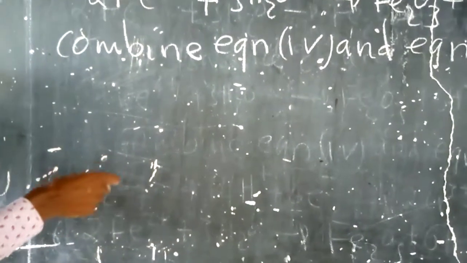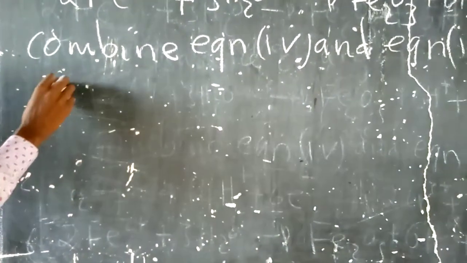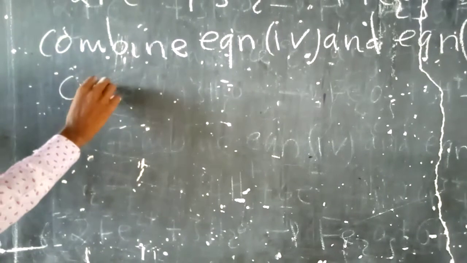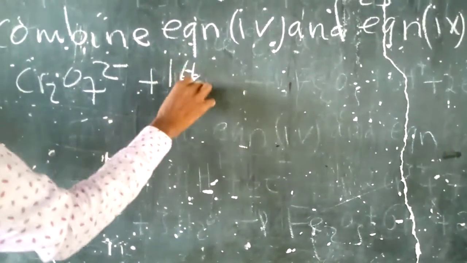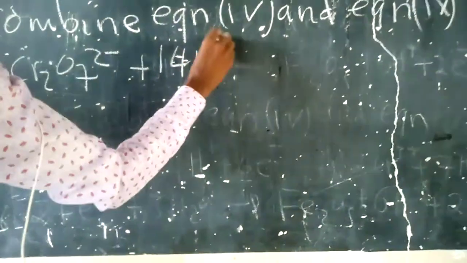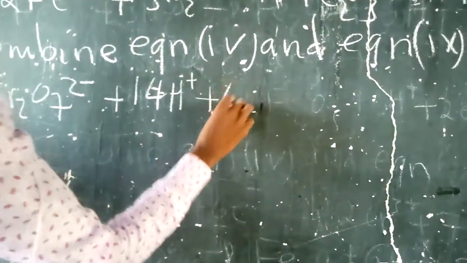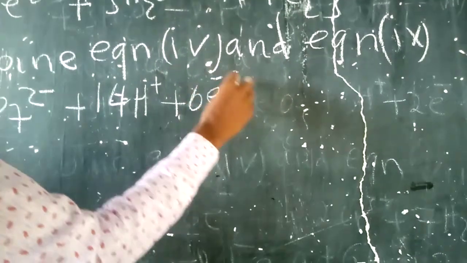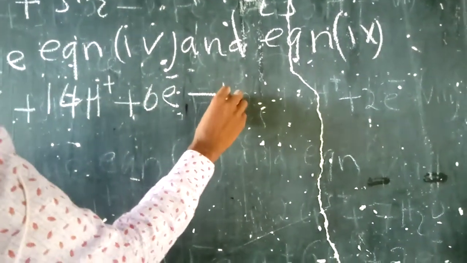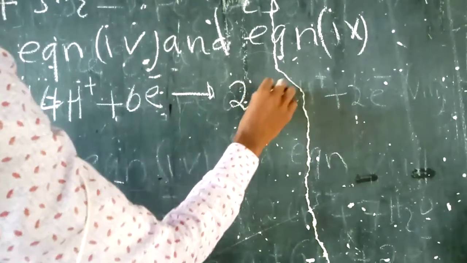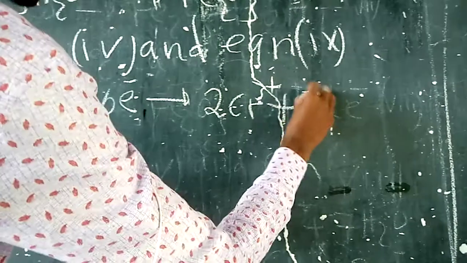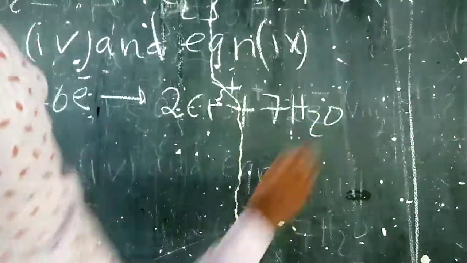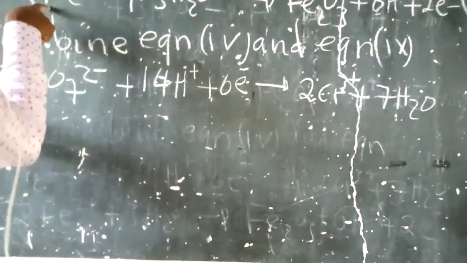So take equation 4, which is this one. It is Cr2O7 2 negative, plus 14 hydrogen protons, plus 6 electrons, to get, on the product side, 2 Cr3 positive, plus 7 water molecules. And equation 9 is this one, the half oxidation reaction.